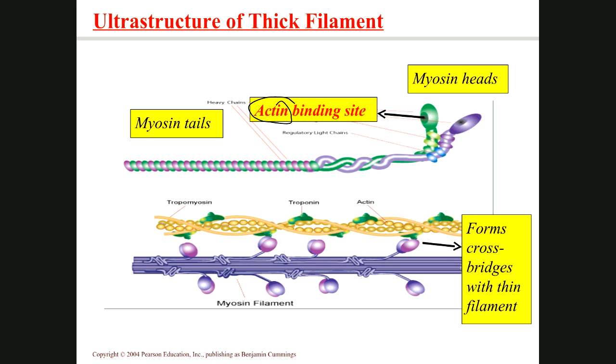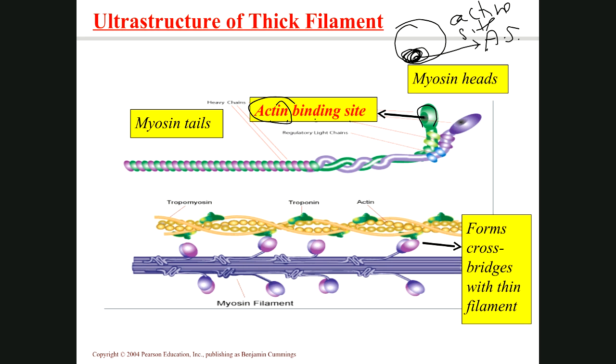So we have actin up here, with an active site. We have myosin heads with an actin binding site. Active site of actin, this is a play on words here, active site, and an actin binding site.